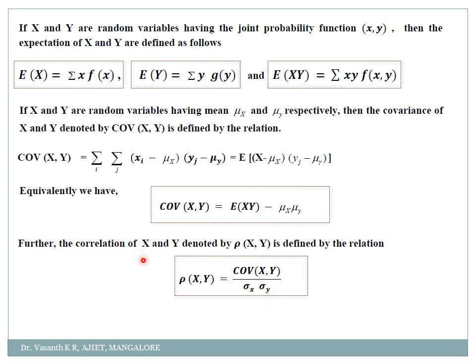So if I ask you to find out correlation of x and y, what all is required? First write this formula, correlation of x comma y, that is rho of x comma y is equal to covariance of x comma y divided by sigma x into sigma y. So you have to find out covariance of xy. So how will you find out covariance of xy? It is simply expectation of xy minus expectation of x into expectation of y, okay.